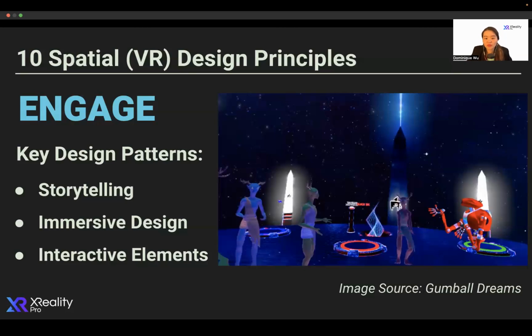But in the virtual world, if we can't grab things, touch things, interact with things, then it feels static. So try to make your objects or elements as interactable as possible. If you can achieve those three, your VR or spatial design is very engaging.